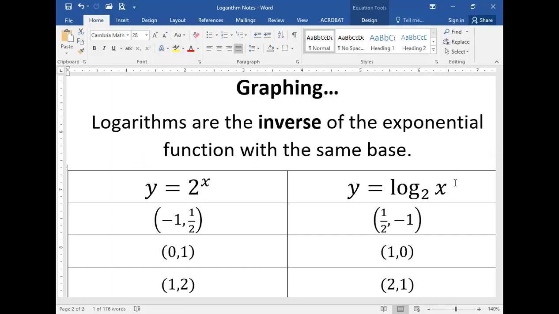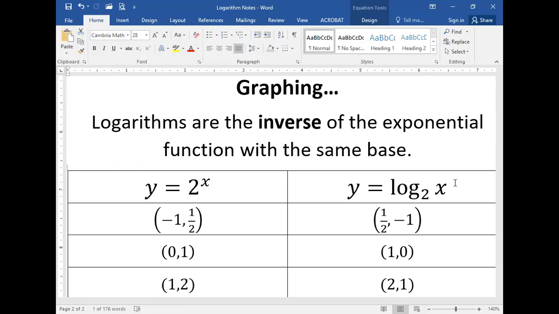So I'm going to use those same 3 points to teach you about the graph of log base 2 of x. Anytime two functions are inverses of each other, the x and y's swap places. The input becomes the output becomes the input. So when these swap places, our 3 anchor points for the log graph are going to be (1/2, -1), (1, 0), and (2, 1).